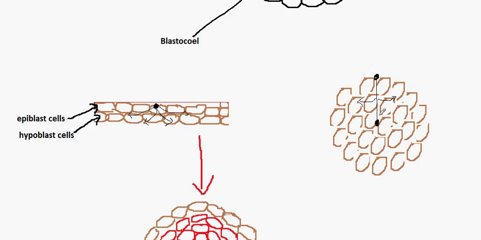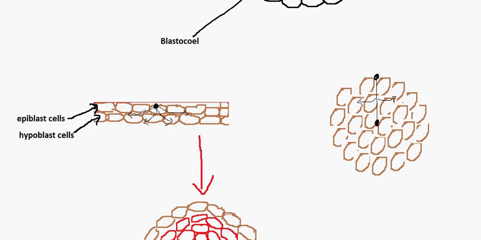Now what will happen from this primitive streak is that cells will start migrating towards the bottom layers. This is happening because the epiblast cell layer is dividing very rapidly, and therefore there is less room. There is not much room for cells over here, therefore the cells will start migrating.